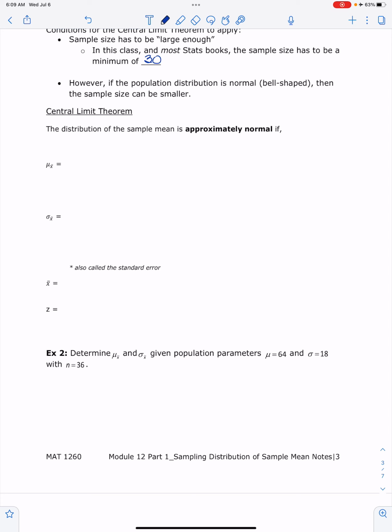says the distribution of the sample means, so that's if you take a look at that exploration, that is each individual sample, mean was calculated and then dropped into that bottom graph, or the middle. The distribution of the sample mean is approximately normal if the sample size is large enough.